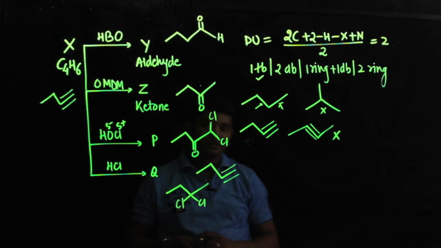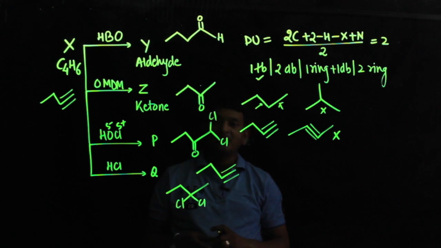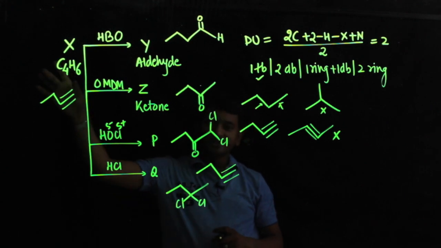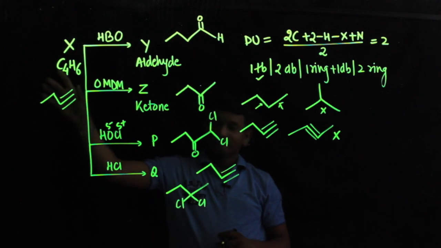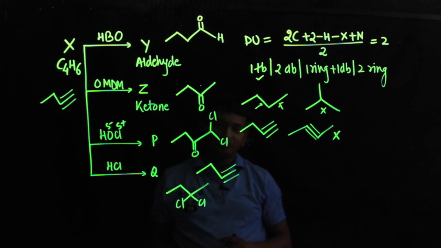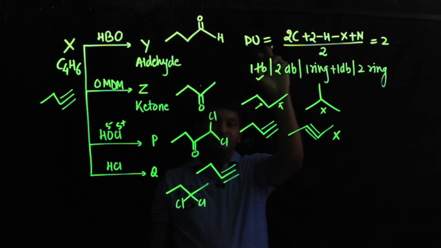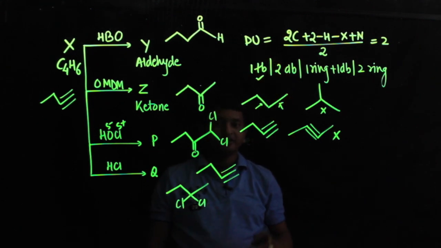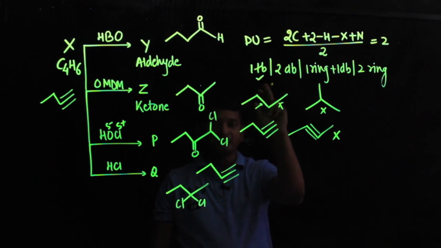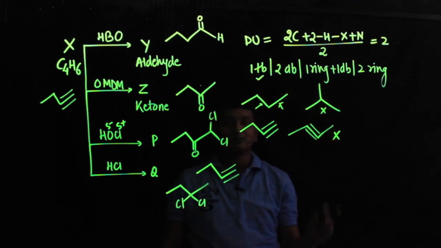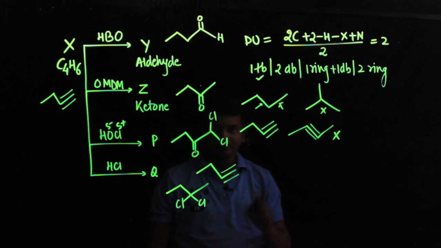So from this question, I wanted to show how you can make a structure from a given molecular formula. To find out the structure from a given molecular formula, you first make use of this DU. This DU will give a clear-cut picture whether you have to think of a triple bond, two double bonds, one ring with a double bond, or two rings.